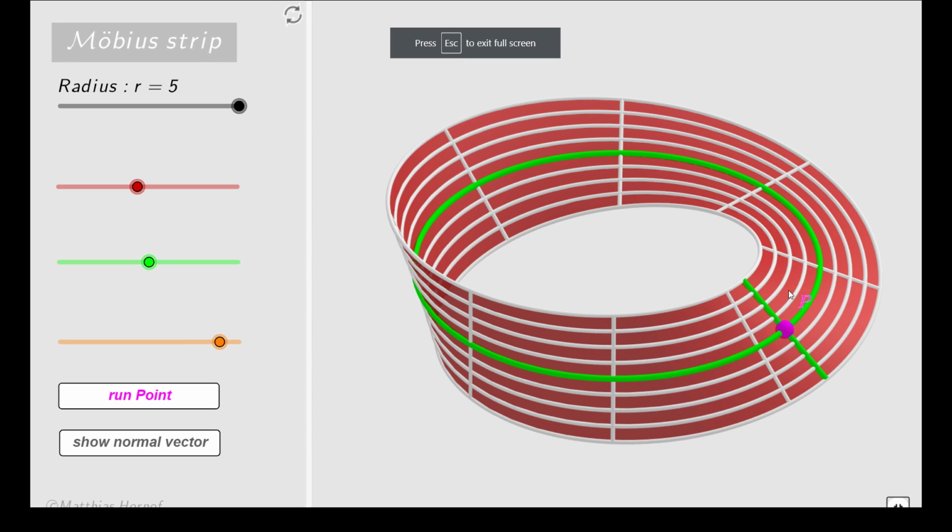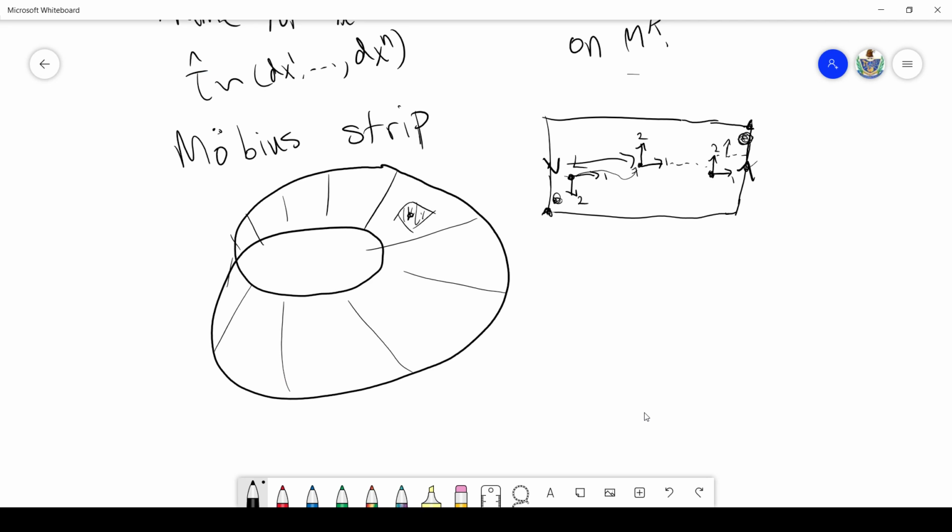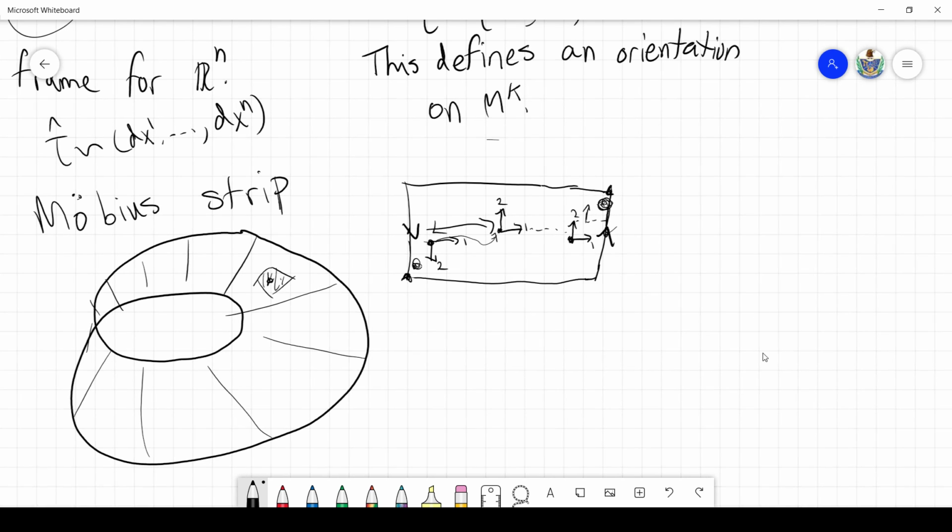Maybe if I zoom in, you can see it better. If you look at the line, you'll see that at one point it will be facing outward, and then when it makes a loop, it's now facing inward. And so that's basically the same thing, right? It's making a loop, but the vertical direction is changing. All right, so that is an example of a non-orientable manifold.